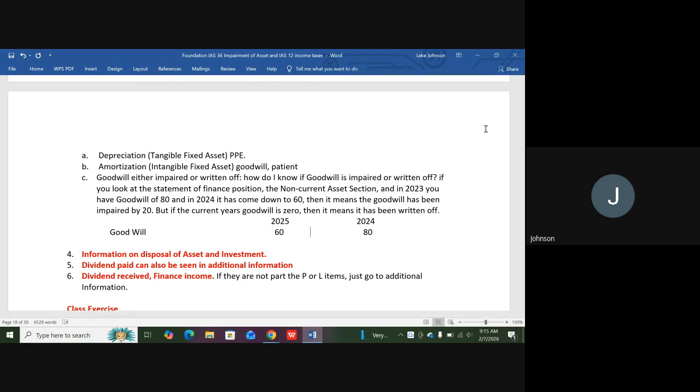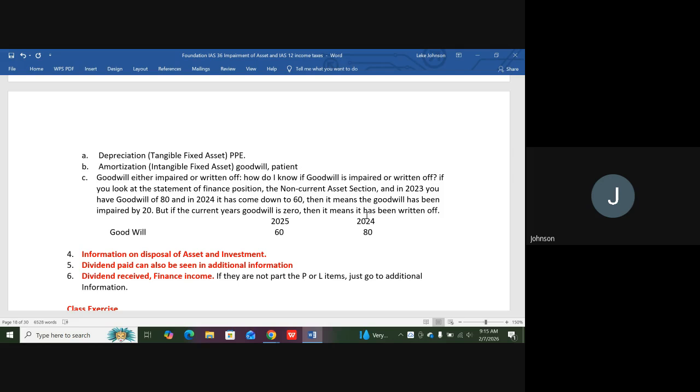So let's assume you've gotten the recoverable amount of this goodwill, and you discover that the recoverable amount is actually 60, and you are carrying it for 80. It has been impaired. So you have to write down that goodwill. Let's assume in 2024, we're carrying that goodwill for 80 million.